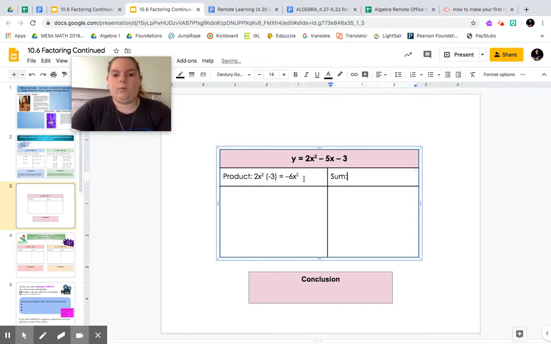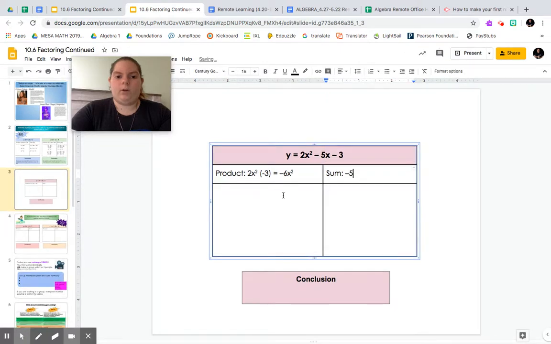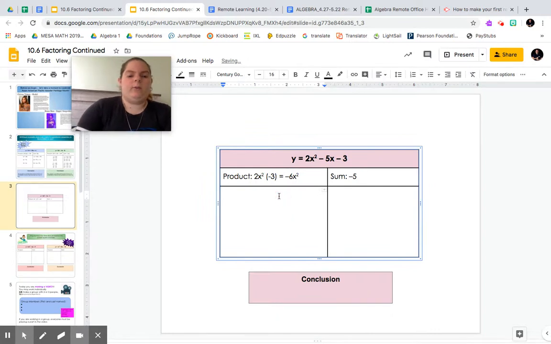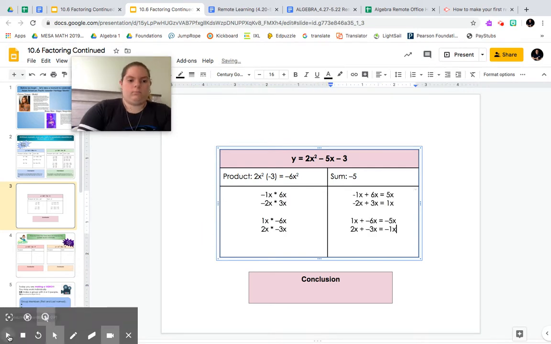And then we have a sum of negative 5. When it loads. Awesome. All right, guys. This one looks short, sweet, and to the point. Take a moment. I would like you to fill out your product and your sum table on your own, and we will come back together to write the conclusion.